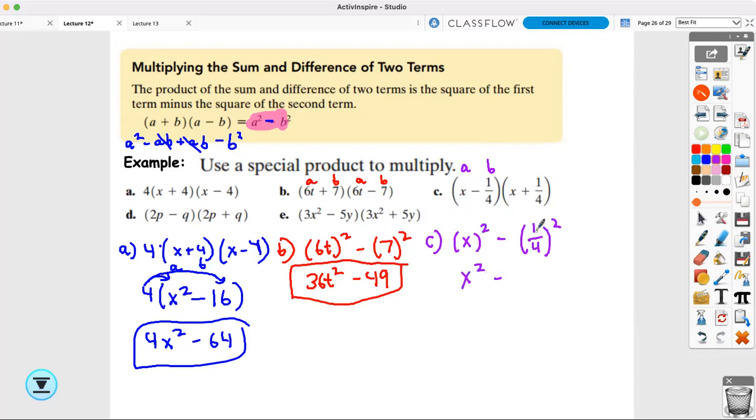Then we have minus 1/4 squared. Remember, when we have an exponent with a fraction, the 2 goes to the top and to the bottom. So it'll be 1 squared over 4 squared. We simplify the fraction, so bring down the x squared. 1 times 1 is 1. 4 squared is 4 times 4, which is 16. And we're done.